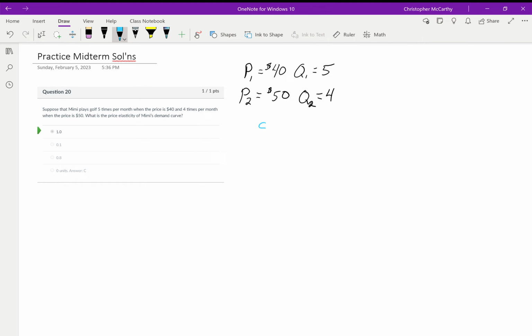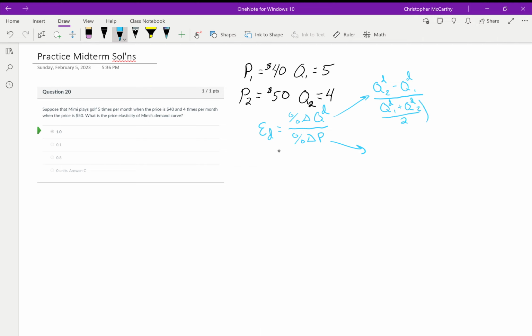So now knowing this, we can go ahead and use our formula, right? Our elasticity of demand is equal to the percentage change in the quantity demanded divided by the percentage change in the price. And each one of these, we know, has its own separate definition, right? Where the percentage change in the quantity demanded is my quantity demanded 2 minus my quantity demanded 1, divided by my quantity demanded 1 plus quantity demanded 2, divided by 2, right?